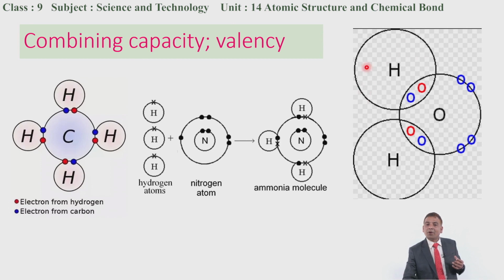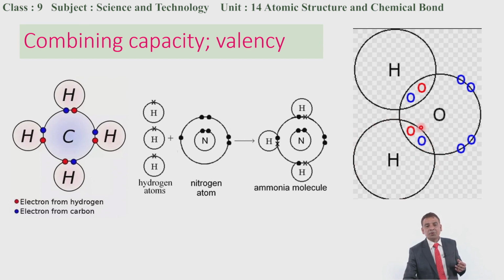Similarly, if you see the molecule of water, it has 1 atom of oxygen as well as 2 atoms of hydrogen. In the valence shell of oxygen, altogether there are 1, 2, 3, 4, 5 and 6 electrons. These 6 electrons are found in the valence shell, and one hydrogen atom has shared 1 electron, and the other hydrogen has also shared 1 electron.